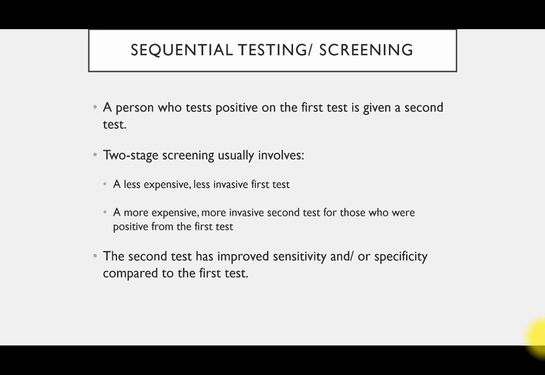So with sequential testing, that means you have one test and then you have a second test after you receive the results of the first test, right? In this scenario, let's just say the first test comes back positive. That means you will get a call from your doctor to go back for a second test.